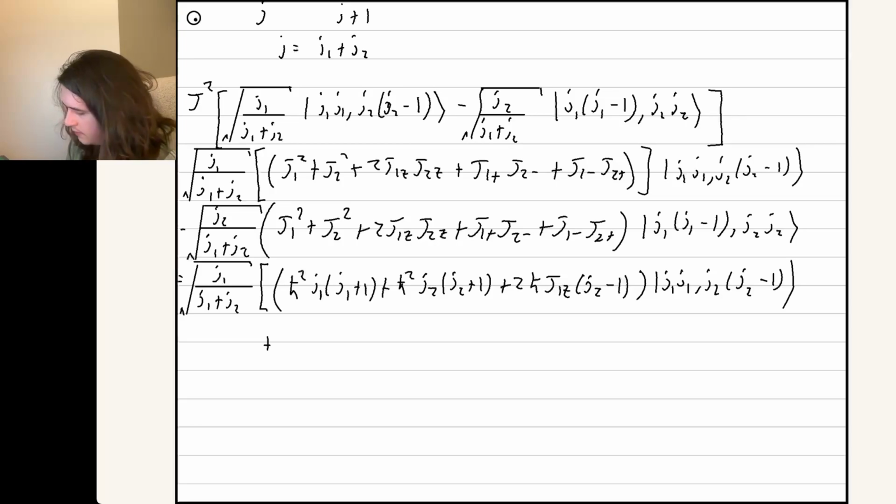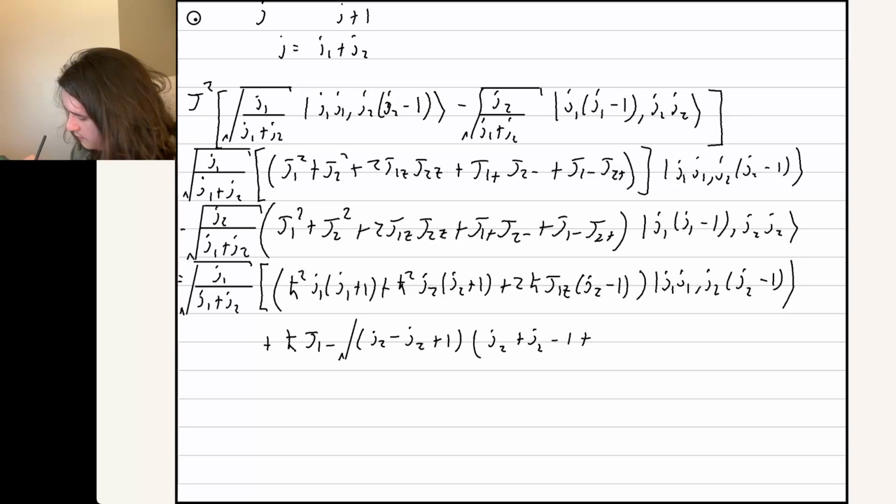So that's going to be j2 plus. So we have h bar j1 minus, and then we're doing the square root of j2 minus j2 plus 1 times j2 plus j2 minus 1 plus 1.